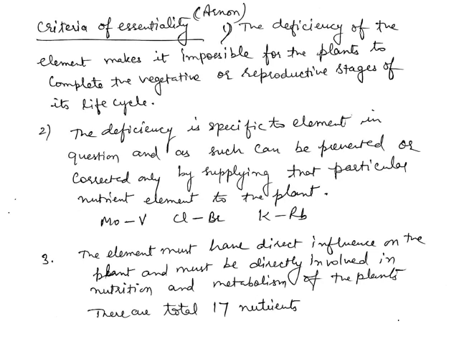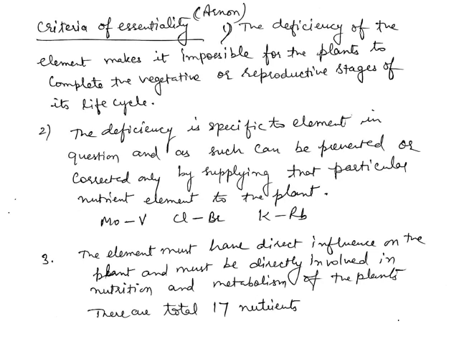The examples are: in place of molybdenum we can use vanadium; in place of chlorine, bromine; in case of potassium, we can use rubidium.